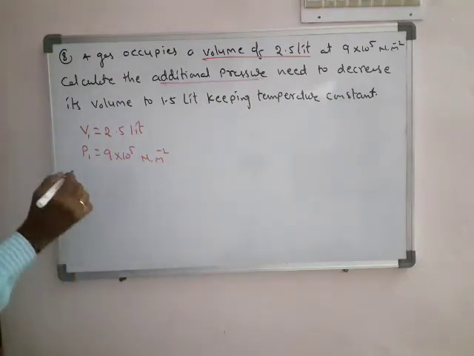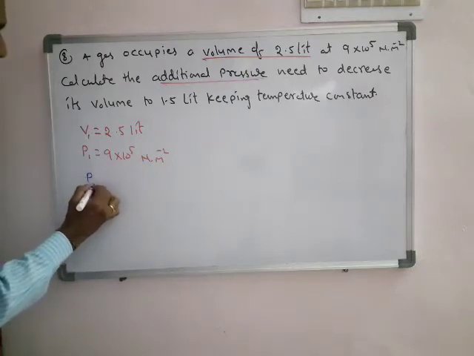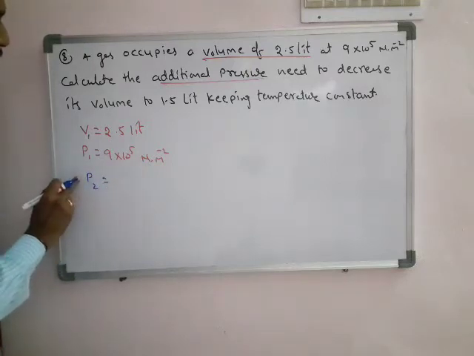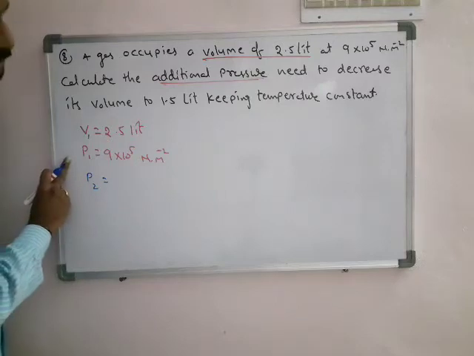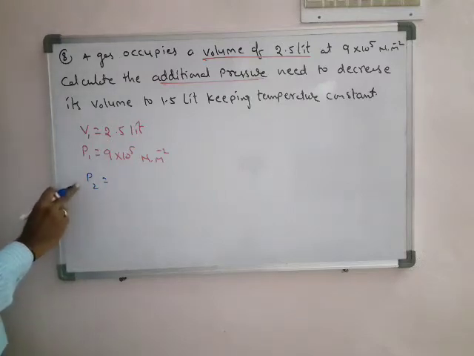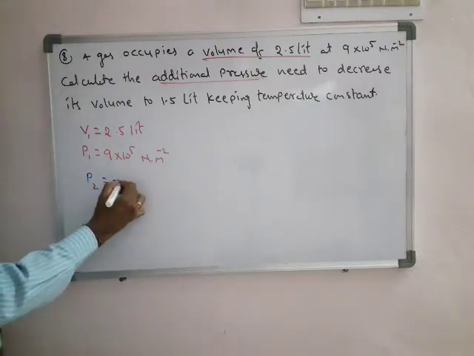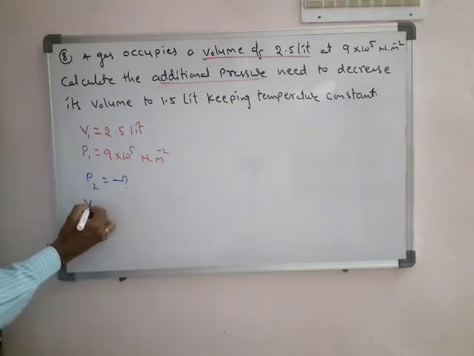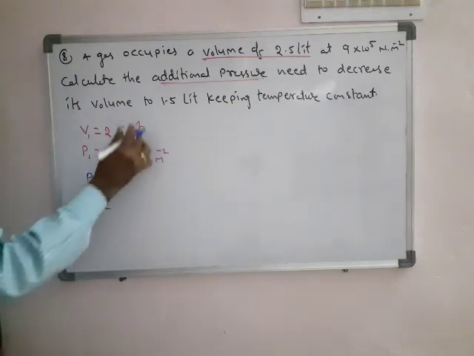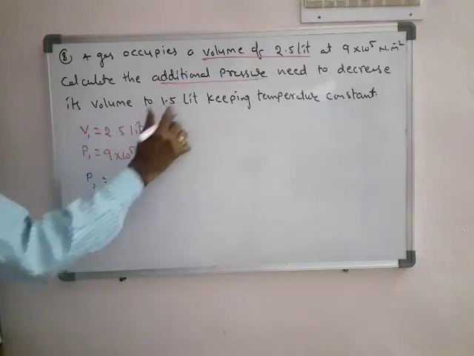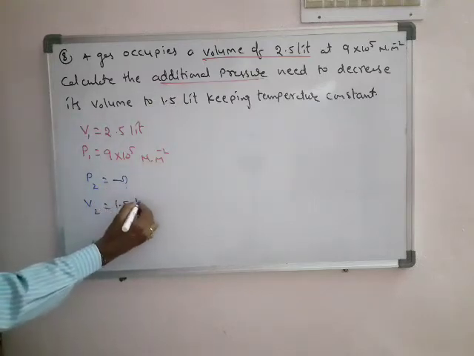To find the extra pressure, first we need to find the P2, then P2 minus P1. But whatever it is, first we need to find the P2. Then what is the V2? Its volume is decreased to 1.5 liter.